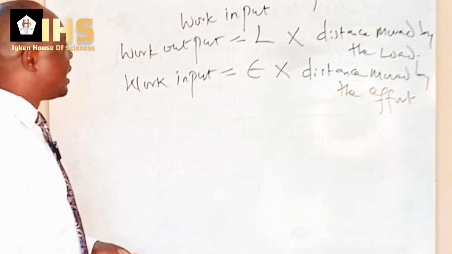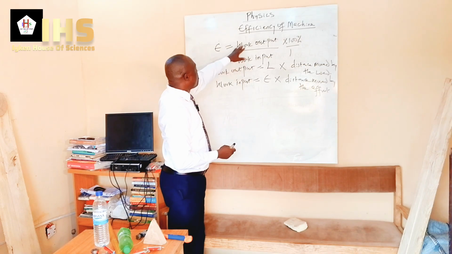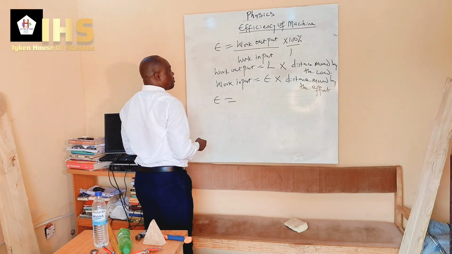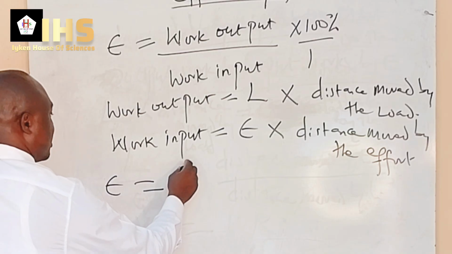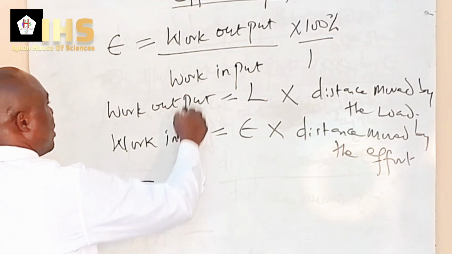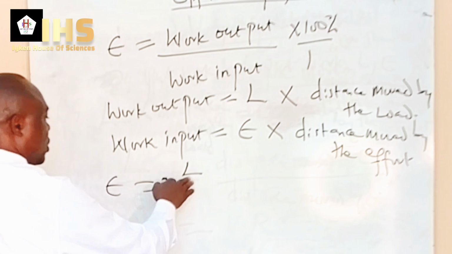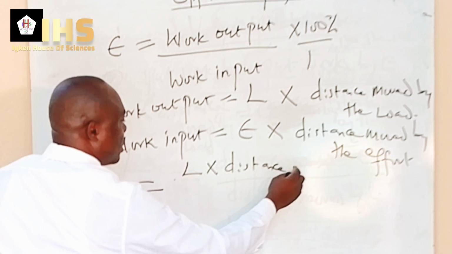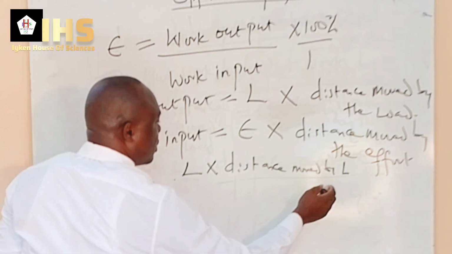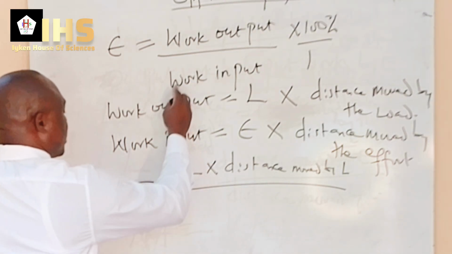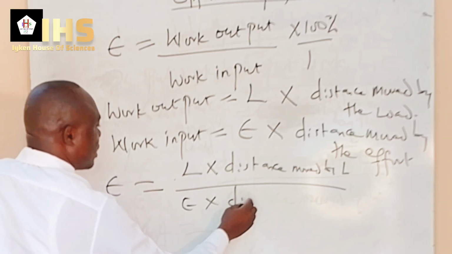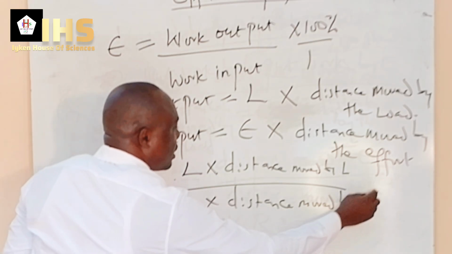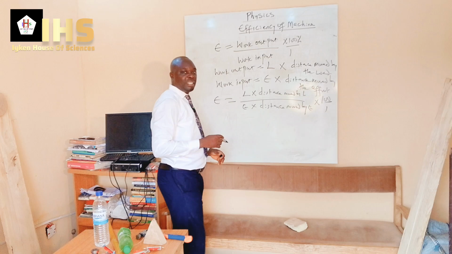In that case, the efficiency of a machine is equal to the work output, which is load times distance moved by the load, over effort times distance moved by the effort, times 100 over 1.